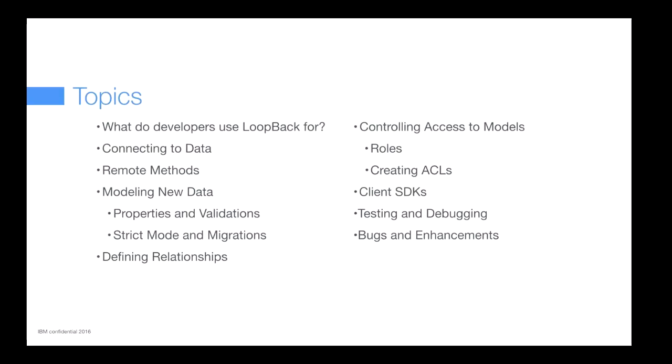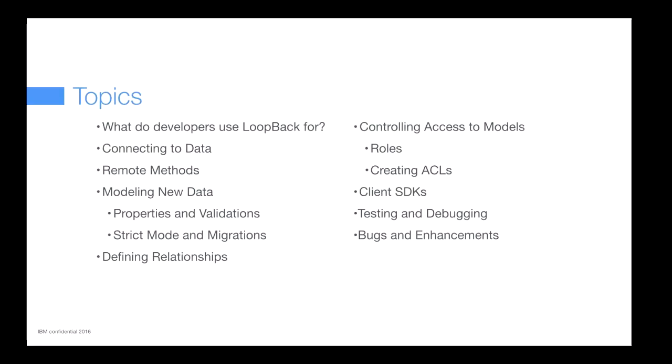So we're going to talk about how you use LoopBack to connect to data, what that means, how LoopBack exposes its internals and that data that you've connected to the outside world using remote methods. How does LoopBack define APIs? How does it create these APIs? How do you model data in LoopBack?